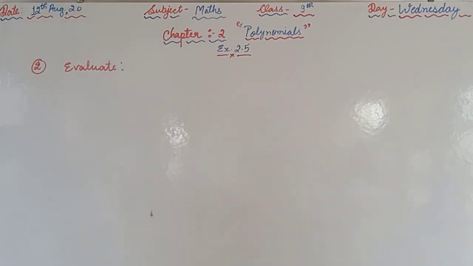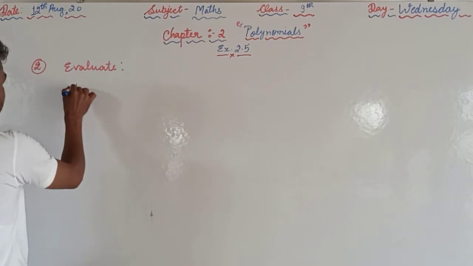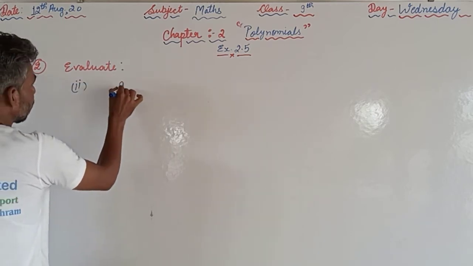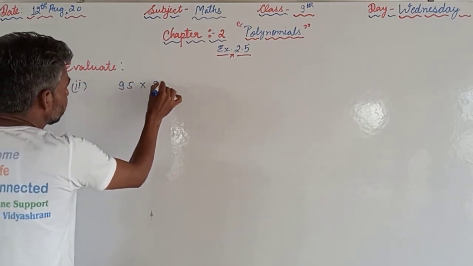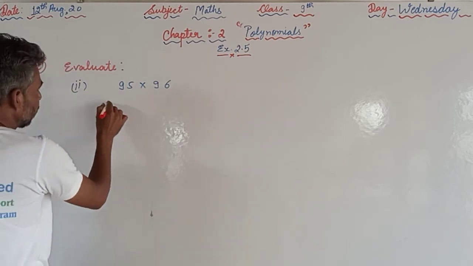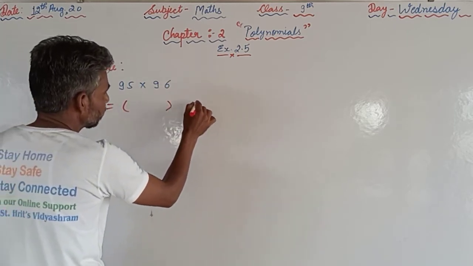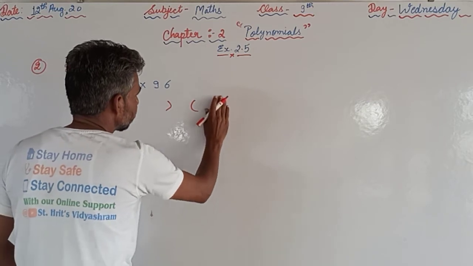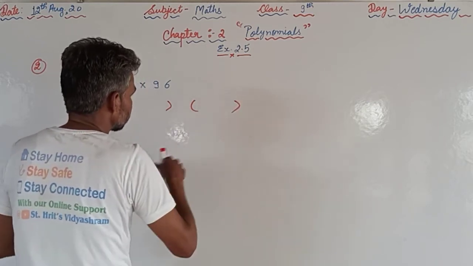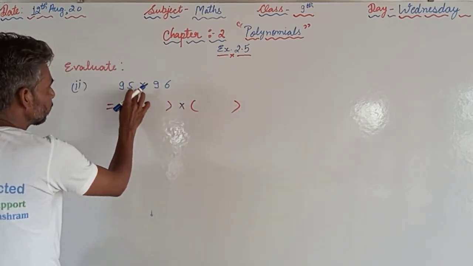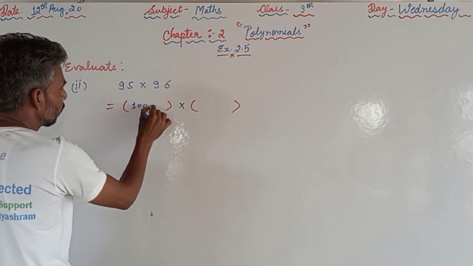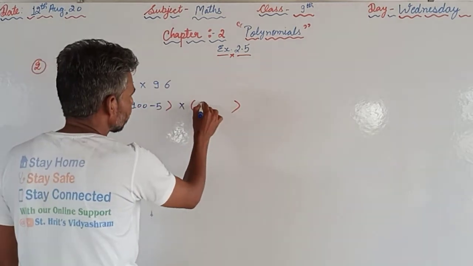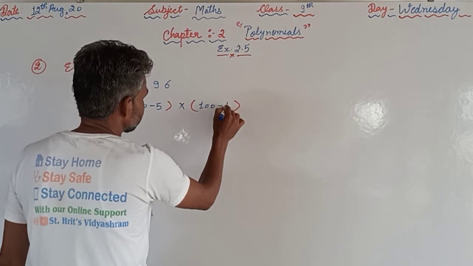In the second part it is given 95 into 96. So again we will prepare the two brackets, in between there is a sign of multiplication. 95 we can write as 100 minus 5, 96 we can write as 100 minus 4.